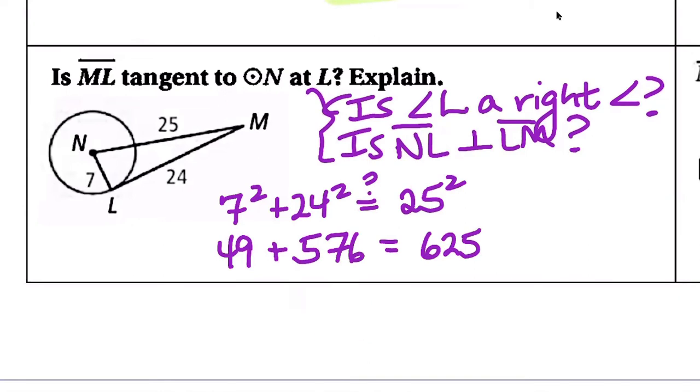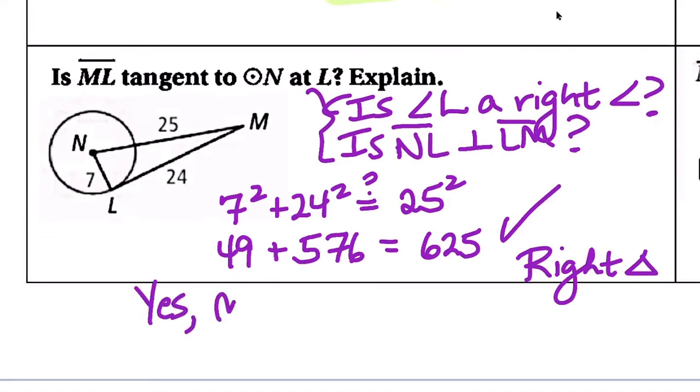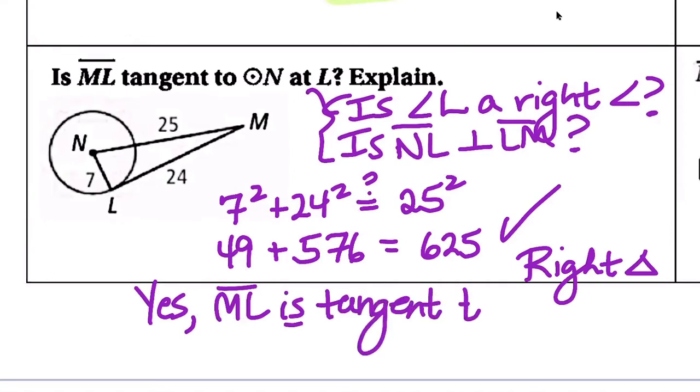Okay, so because they're equal, that means yes, because that's a right triangle. Yes, segment ML is tangent to circle N.